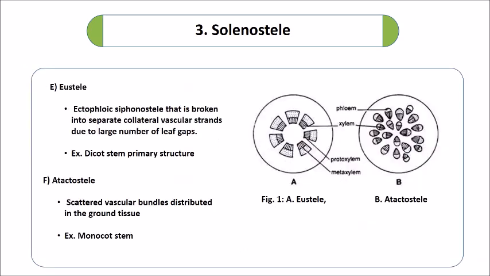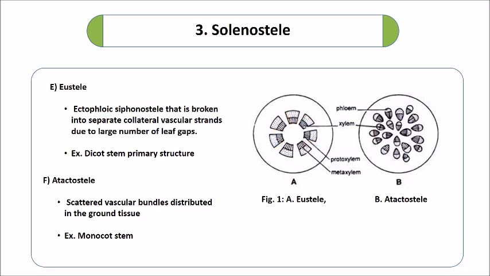Now come to the Eustele and atactostele. Eustele also, if you see the word, Eu means true and stele means the central core. In this picture, a series of vascular strands is dissected by different leaf gaps, and due to this leaf gap, this vascular strand is broken and collateral vascular strands exist.